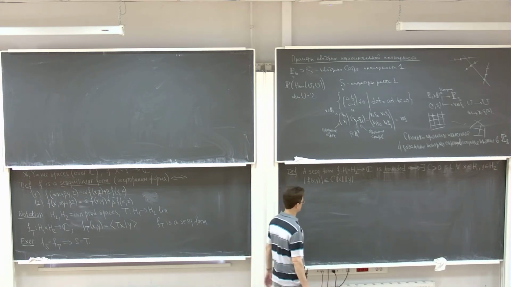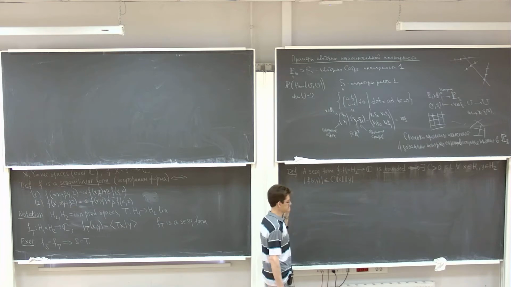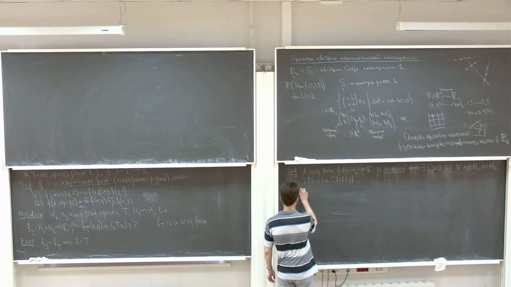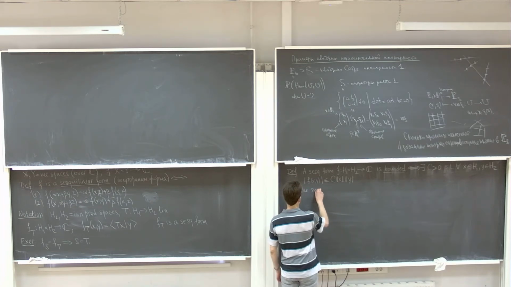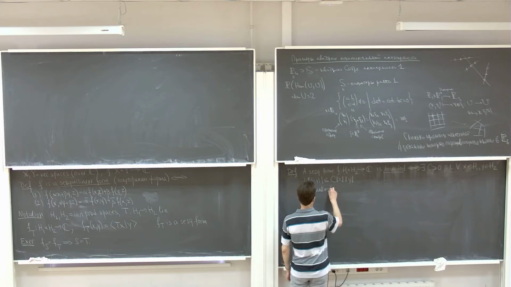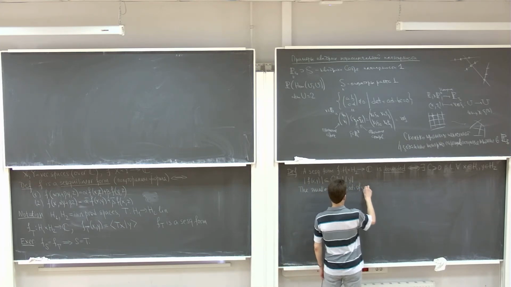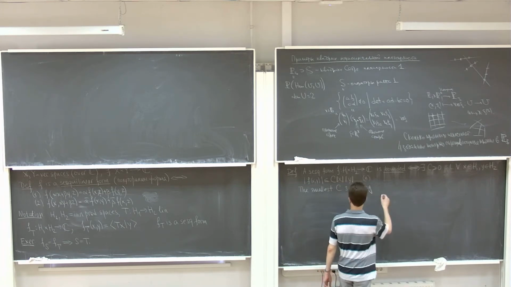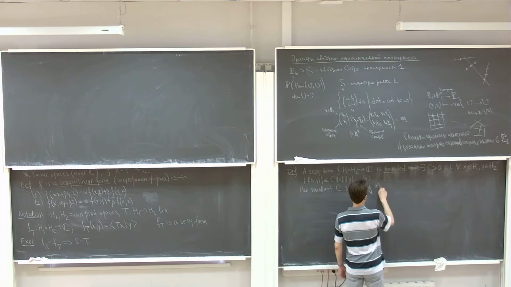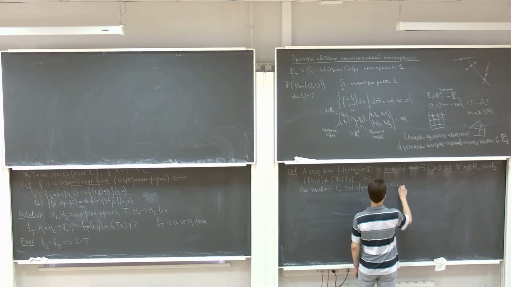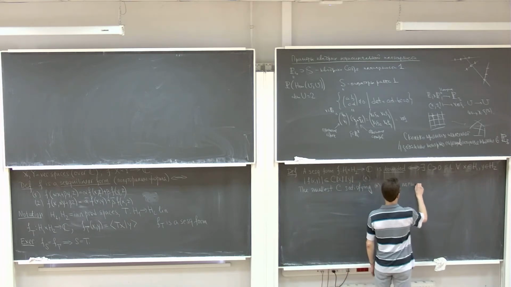That would be inequality star. And the smallest C satisfying star is called the norm of F.